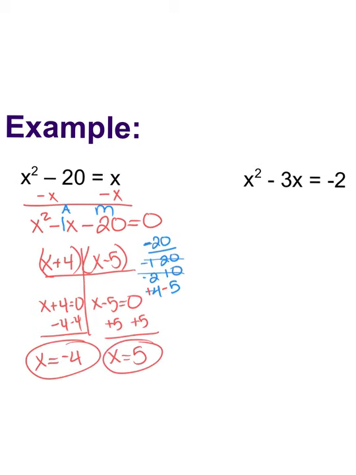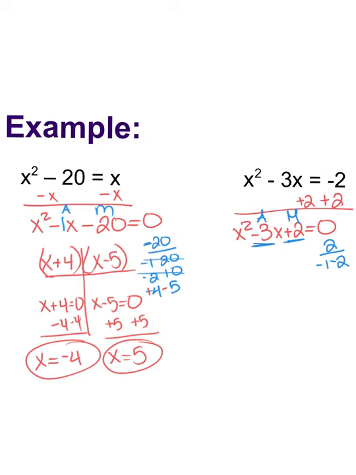Last question. Again, the first thing I'm going to do is move over the 2 because I want my equation equal to 0. Again, I'm looking for two numbers that add to -3 and multiply to 2. If I list my factors of 2 off to the side, it's just 1 and 2. If I make them both negative, when I multiply, I'll get positive.